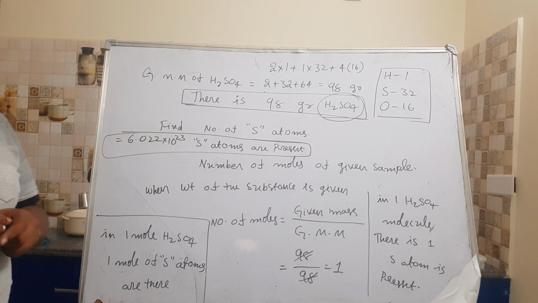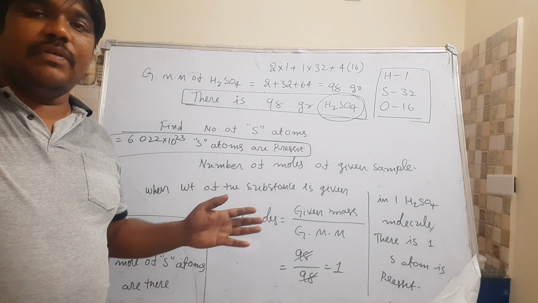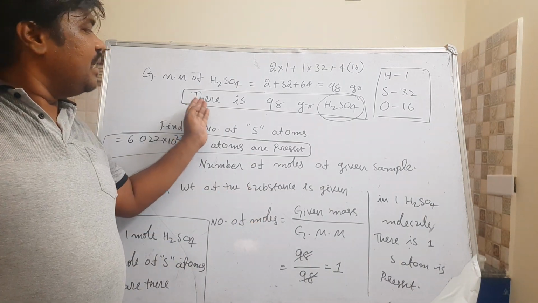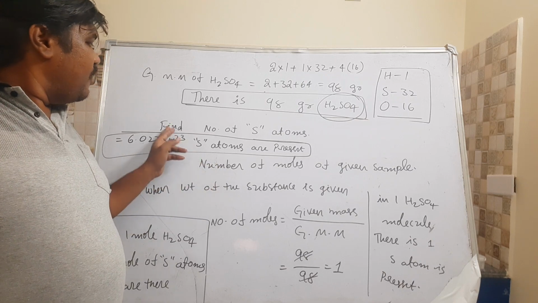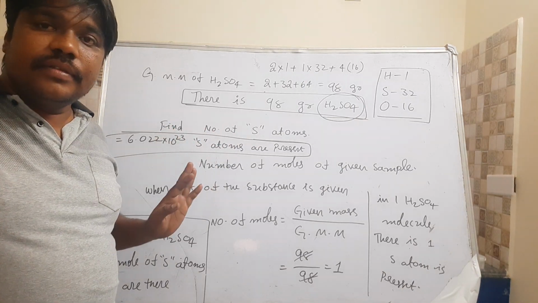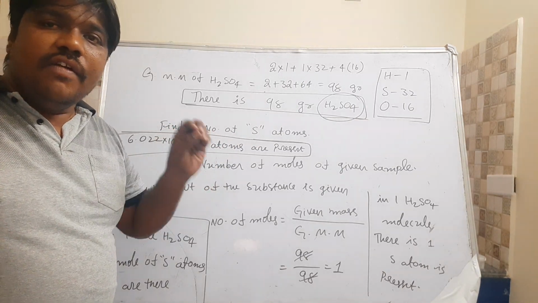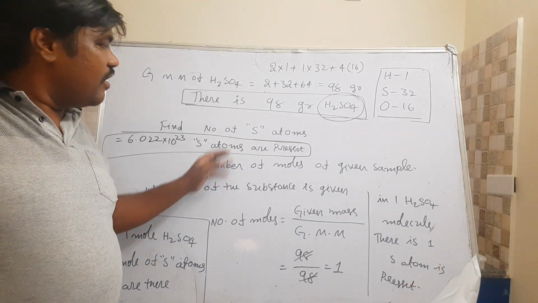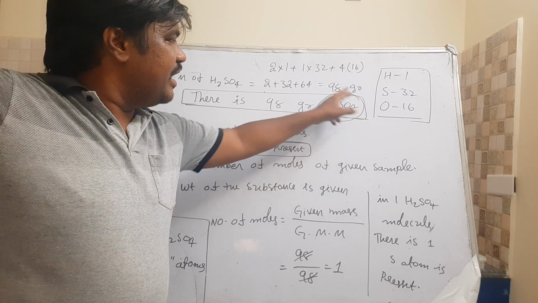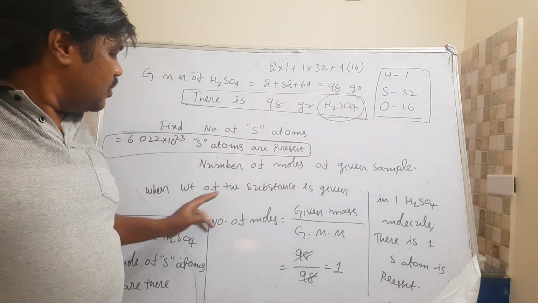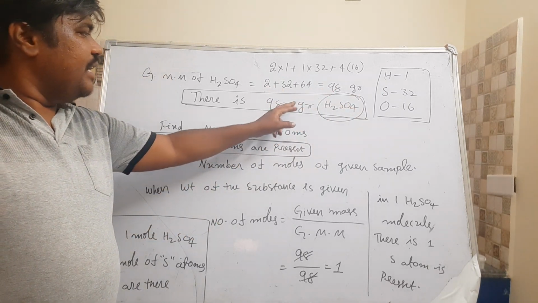Let me explain once again here. This is the given data. There is 98 grams of H2SO4. The question is, find the number of sulfur atoms. First of all, you have to find the number of moles according to the given data, right? Here the given data is weight.